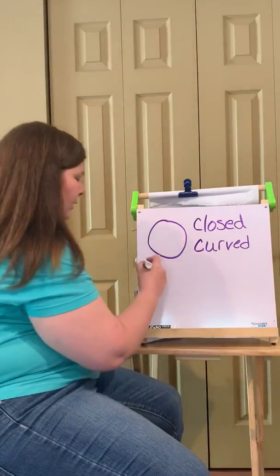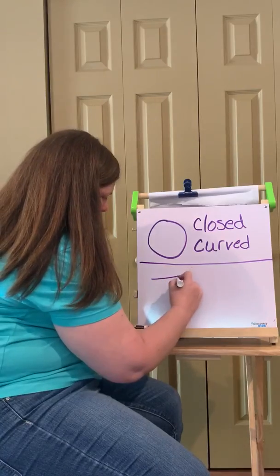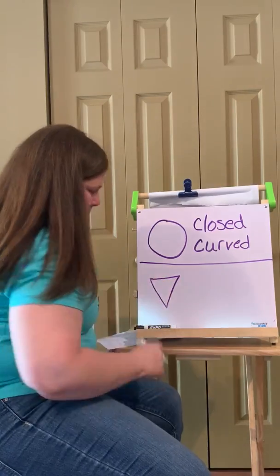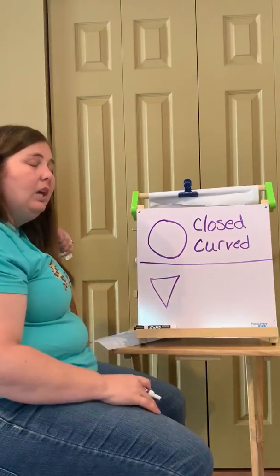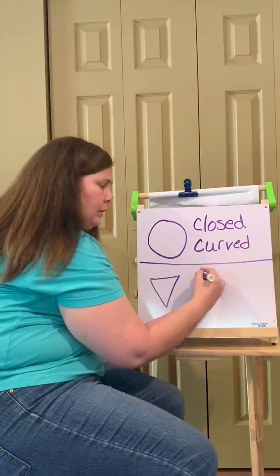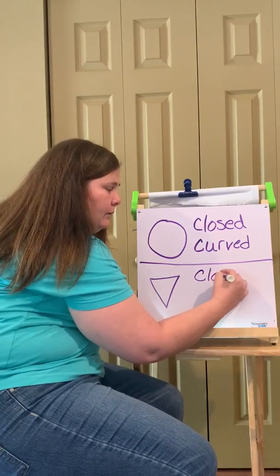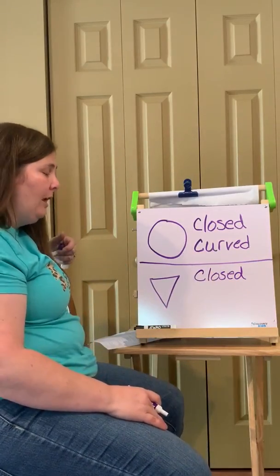Okay, what about this one? Is it open or is it closed? It's closed, so we can say closed. That's one attribute, or one way to describe that shape.